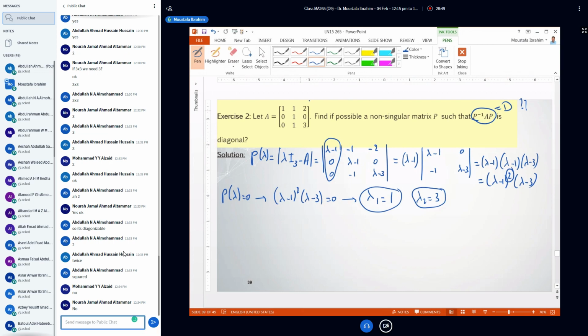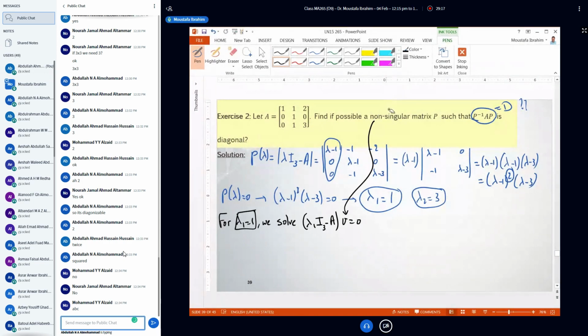So let's use another color for lambda 1 equal 1. So we solve lambda 1 I minus A times V equals 0. Tell me here, this V, is it ABC or ABCD or AB? ABC. So no need to write it, we know.